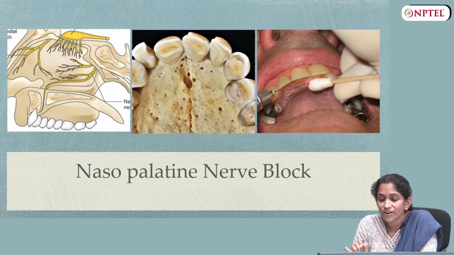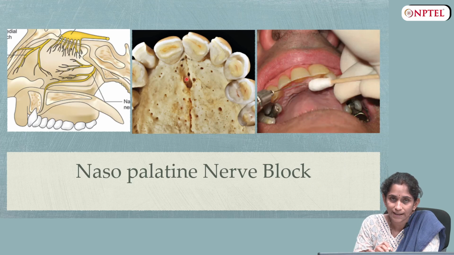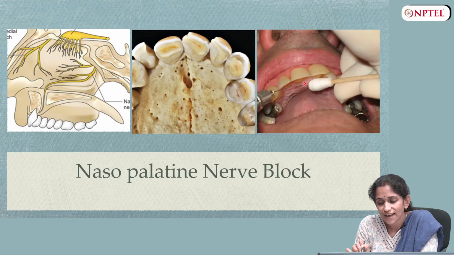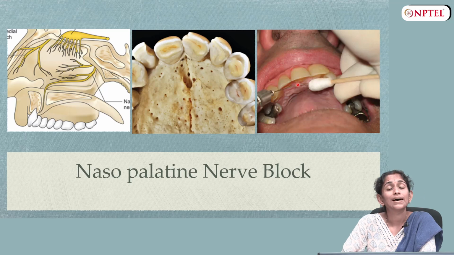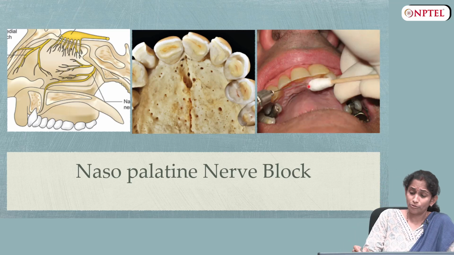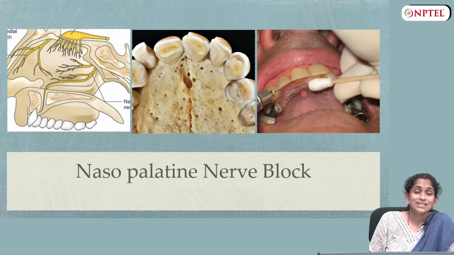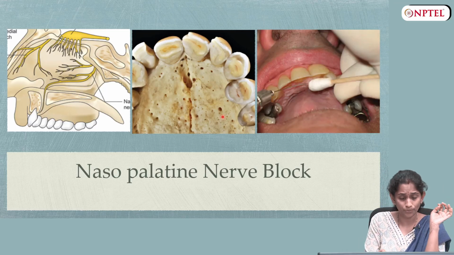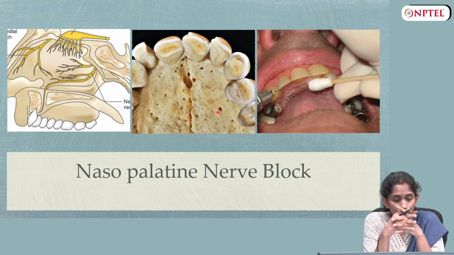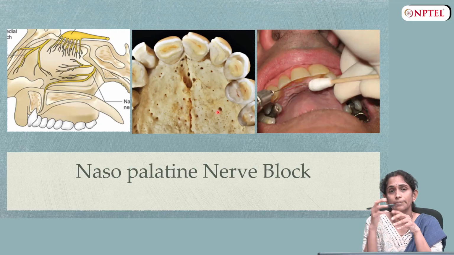We identify the incisive papilla, that is a soft tissue overlying the nasopalatine canal. So, you inject directly into that area to deposit your local anesthetic. Again, to say, the palatal mucosa in this area is extremely firmly adherent to the bone. So, nasopalatine block is one of the most painful blocks that we will ever give in the maxilla.